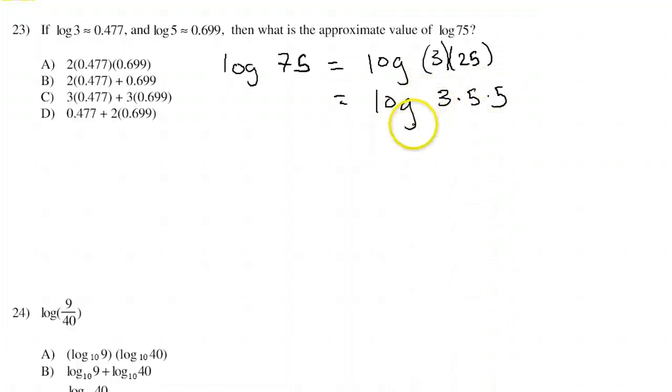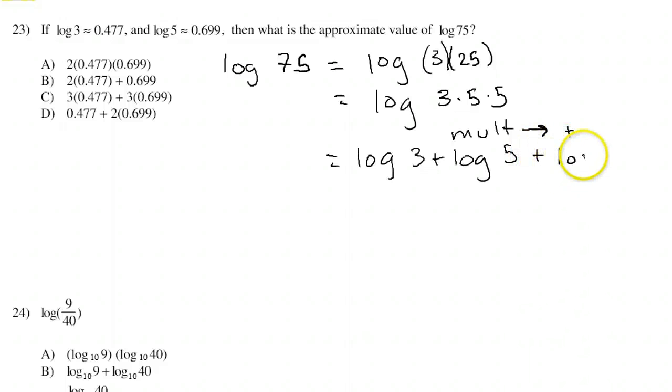And now since I have all this, I can now separate them into separate logs by expanding. And again, we saw as in the last problem that multiplication expands into addition. So let's separate each one of these into its own separate log. So this is going to be log of 3 plus another log of 5 and plus another log of 5.